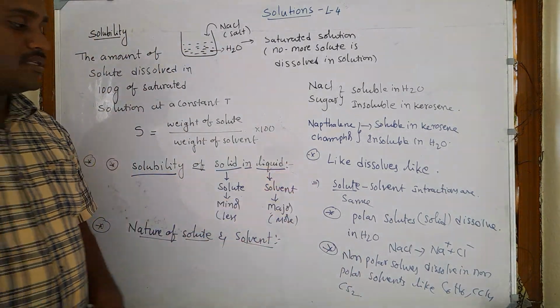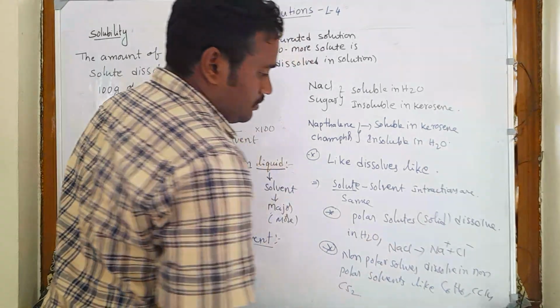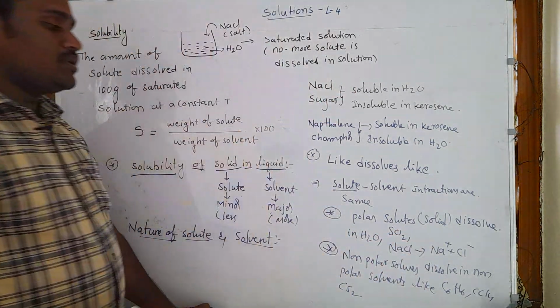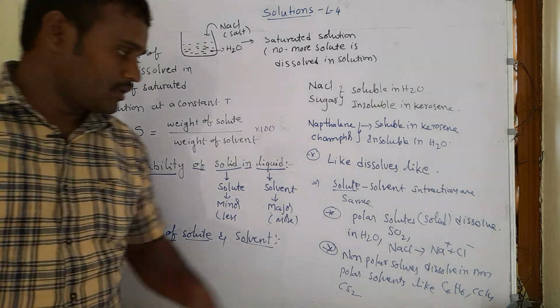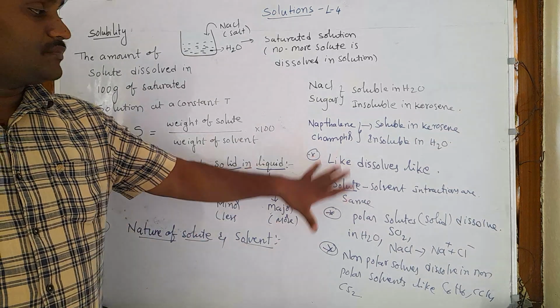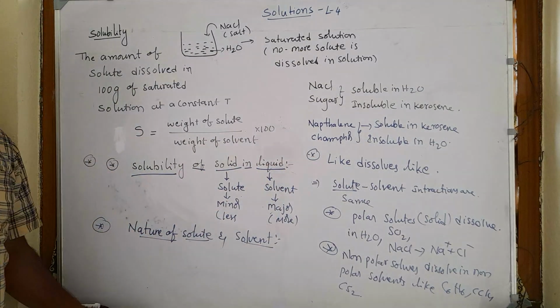For polar solvents, examples are H2O and SO2. SO2 is also one example of a polar solvent, etc. Like this is the nature of solute and solvent.